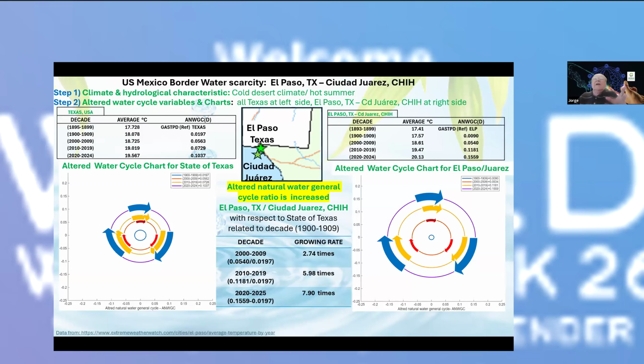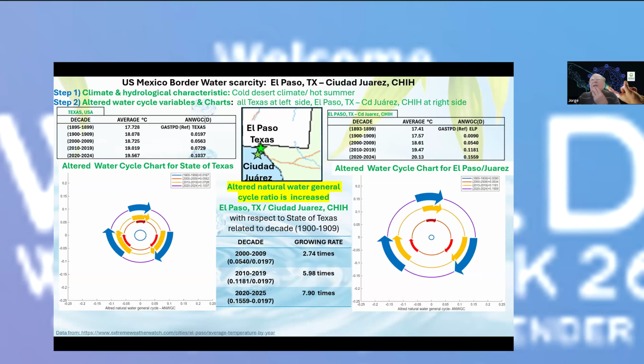Then we can make a deduction. We do the calculation with respect to the state of Texas, related to the decade of 1900 to 1909, and we found that in 2000 to 2009 it was 2.74 times. In 2010 to 2019, almost 6 times, and in 2025, almost 8 times.